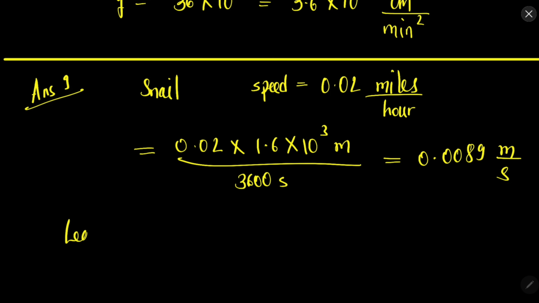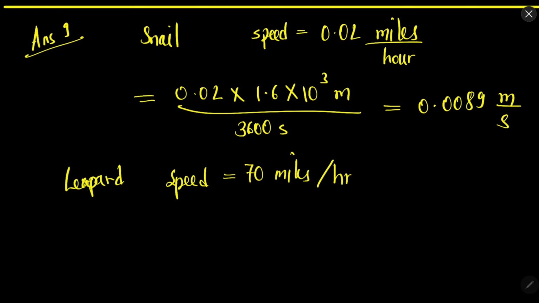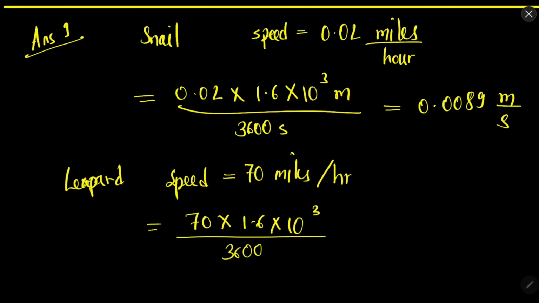Now for the leopard, the speed was 70 miles an hour. So again 70 into 1.6 into 10 to the power 3 upon 3600.